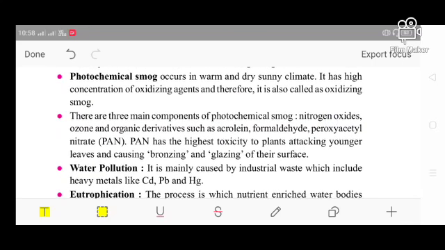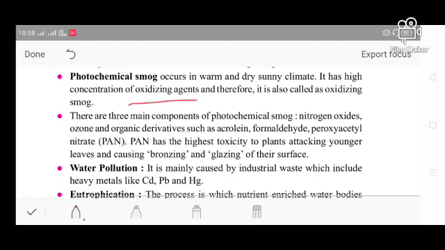It has a high concentration of oxidizing agents. Whereas the classical smog has reducing agents, but the photochemical smog has oxidizing agents. Very important difference. Therefore it is called the oxidizing smog. But we can call the classical smog a reducing smog.